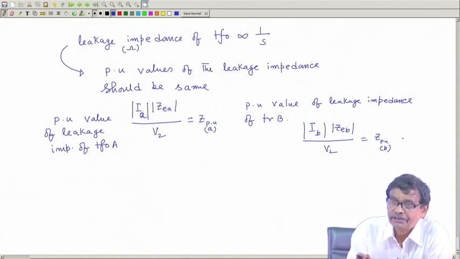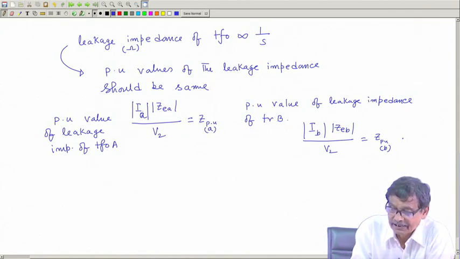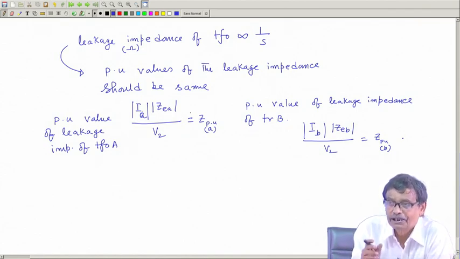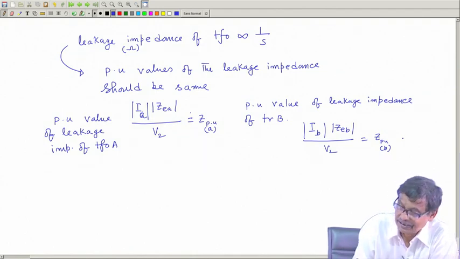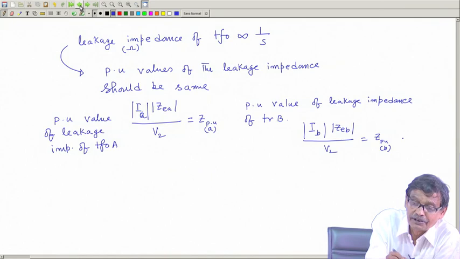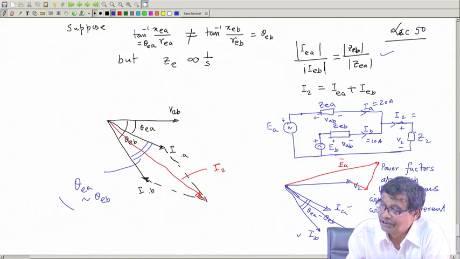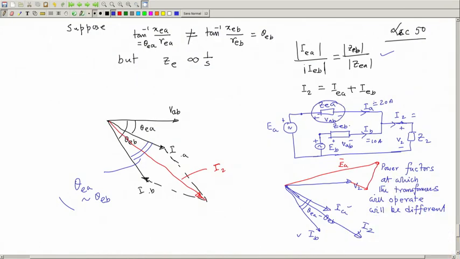Are not these two the same? What is I_A into jX_A? The voltage across jX_A and the voltage across jX_B, there is no point in redrawing. The voltage across jX_A and the voltage across jX_B in volts, they are the same. This voltage minus this voltage is this voltage, in case E_A equals E_B.